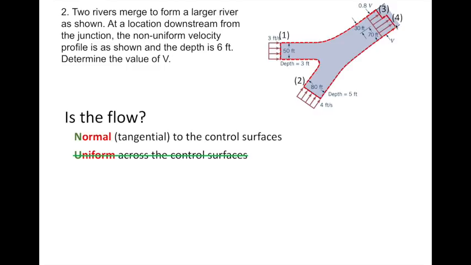I've broken that up into 2 different control surfaces out, 3 and 4. It is uniform across 3. It is uniform across 4. So even though the problem statement described this non-uniform velocity profile, I'm able to set up my control volume and control surfaces in kind of a clever way, and I'm back to uniform flow.